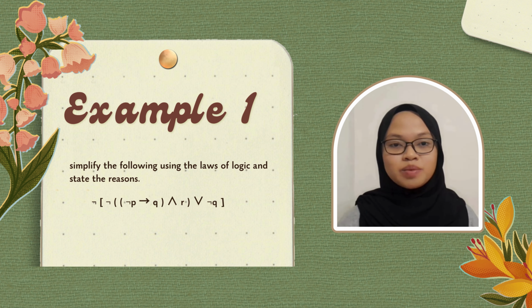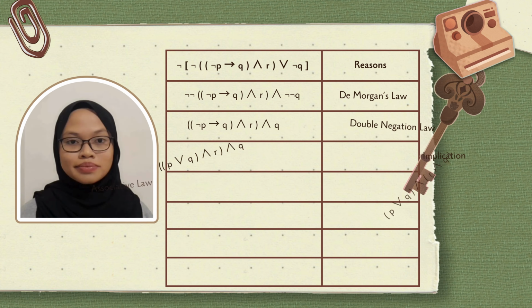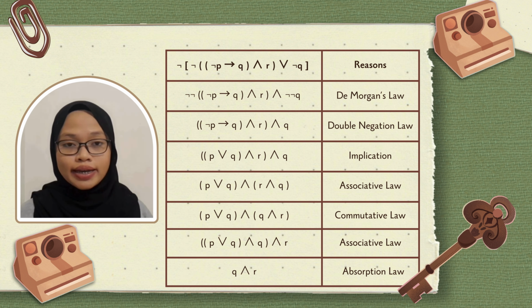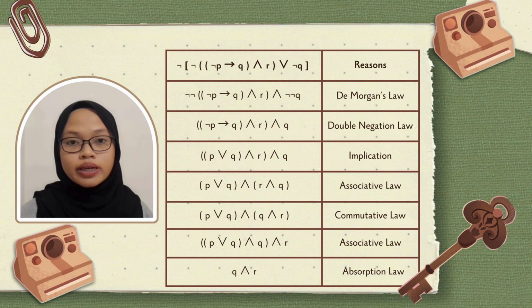Example 1. Simplify the following using the laws of logic and state the reason. The question is negate bracket negate P implies Q and R or negate Q. To simplify this question, we use De Morgan's law.